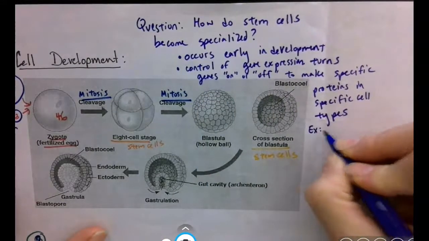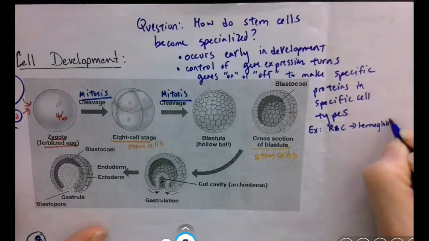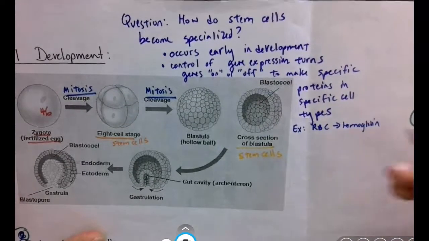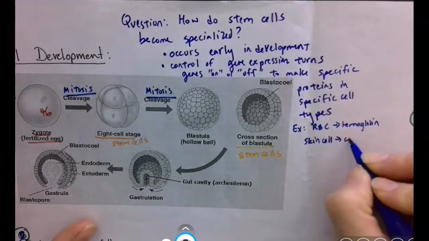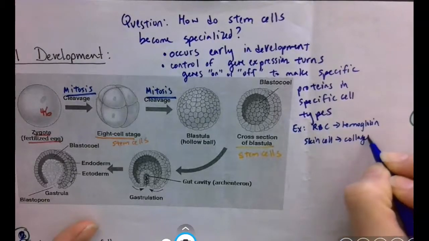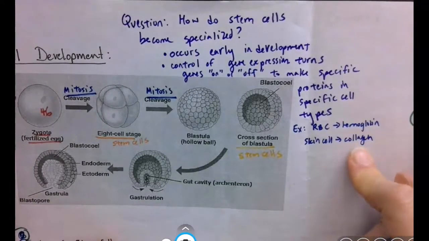For example, a red blood cell might make a hemoglobin protein, right? Where a skin cell might make a collagen protein. So different cells make different proteins, even though they use the same DNA, in order to specialize.